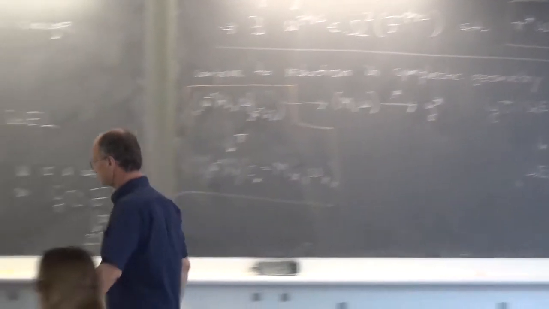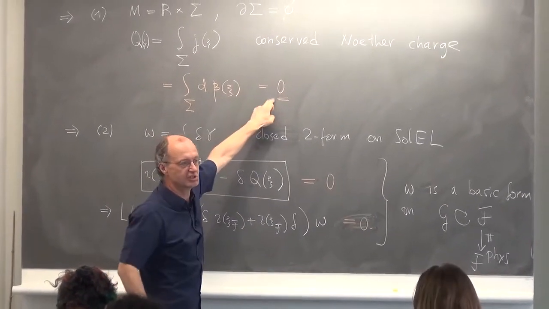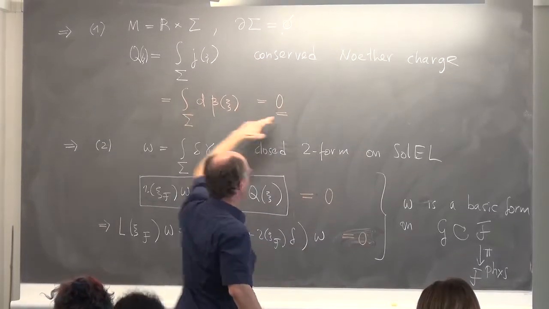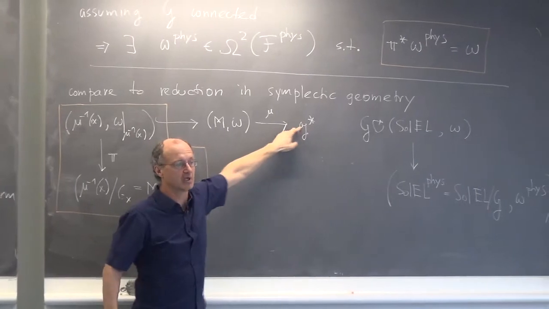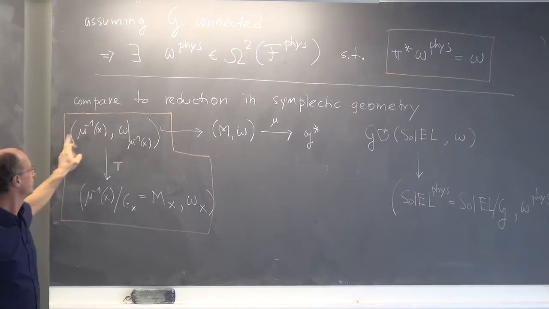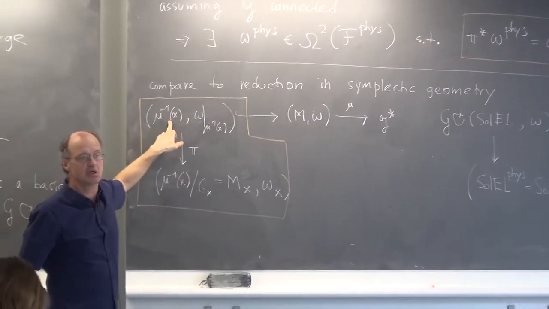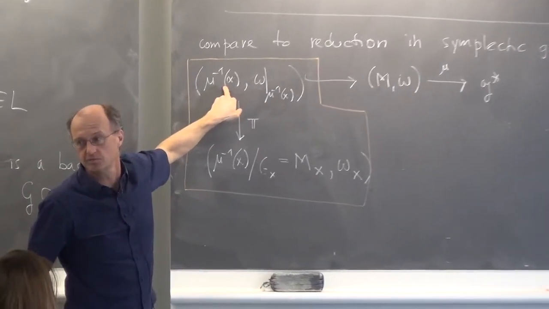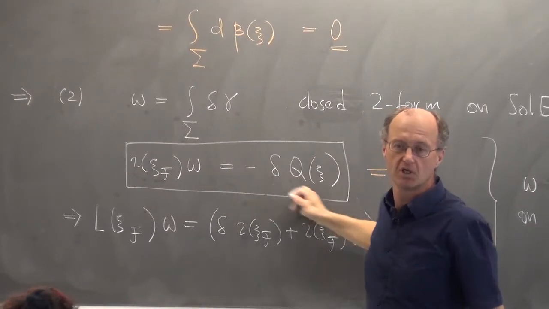Now, we said that the Noether charge vanishes. So in fact, the Noether charge should be compared to the moment map, right? For instance, if you take the fiber of 0 here, then restricted to this part, the moment map would vanish. So this Q satisfies the moment map equation. So Q is like a moment map.